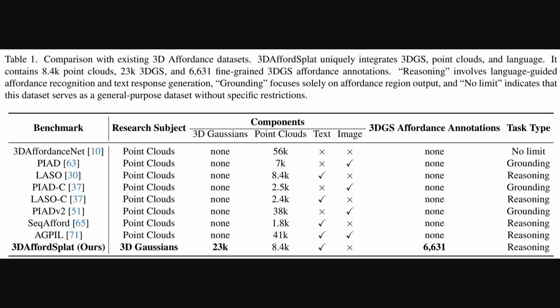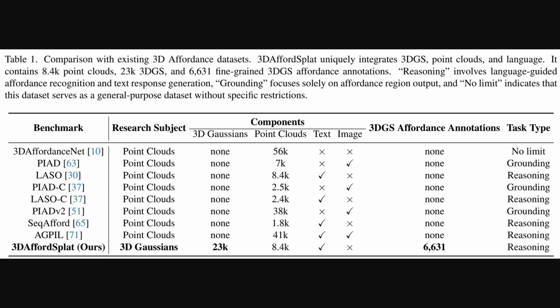Okay, so Table 1 really contextualizes the 3DAffordSplat dataset by comparing it with other existing 3D affordance datasets. What stands out immediately is that 3DAffordSplat, listed at the bottom, is the only one whose primary research subject is 3D Gaussians. All the others focus on point clouds.